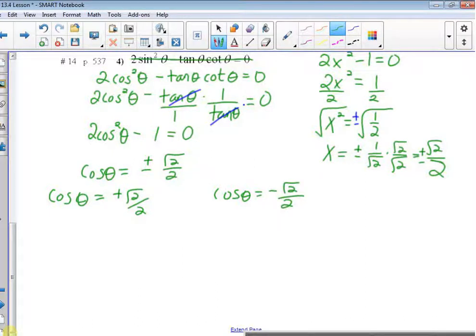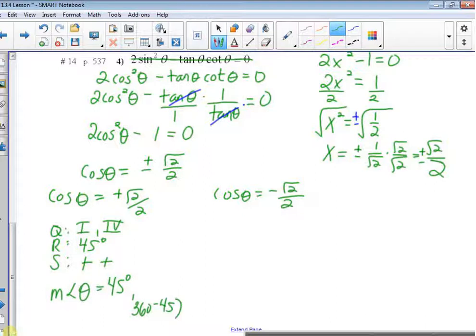So now, when we QRS, it's in 1 and 4. Reference angle is 45. So our answers for theta are 45 and 360 minus 45, which are 315.